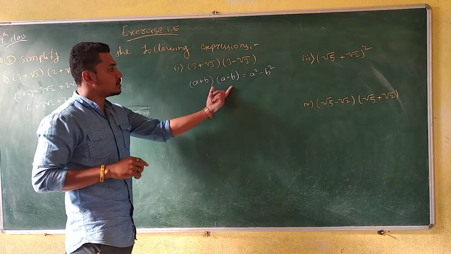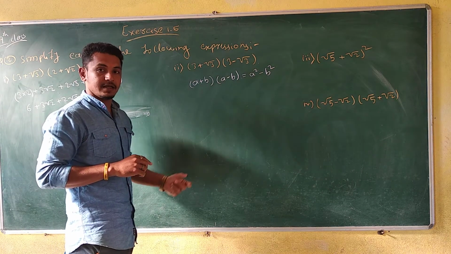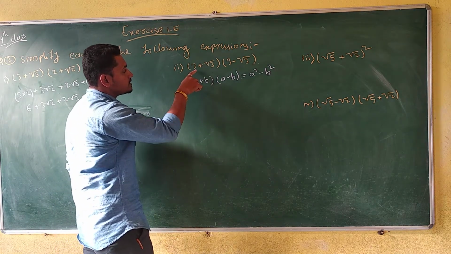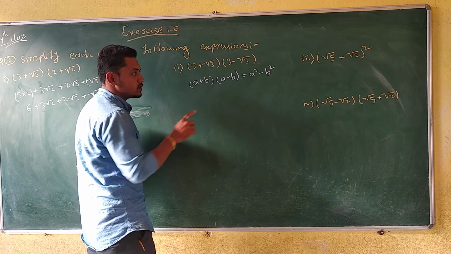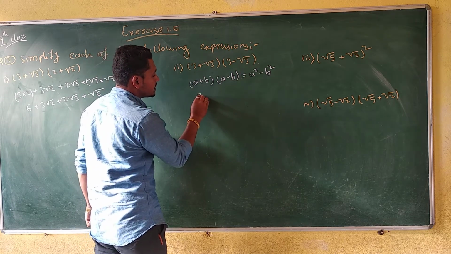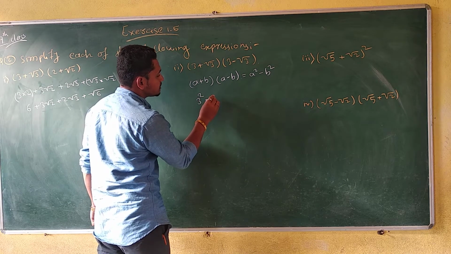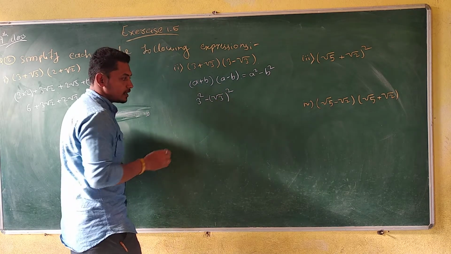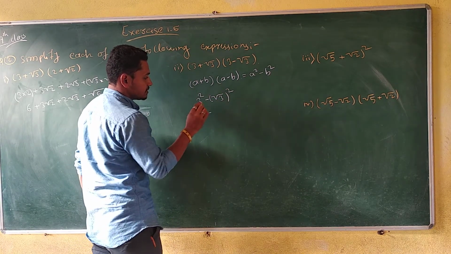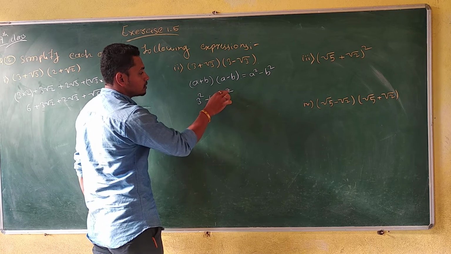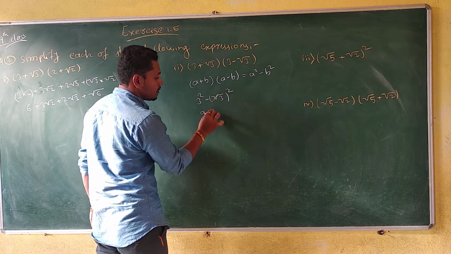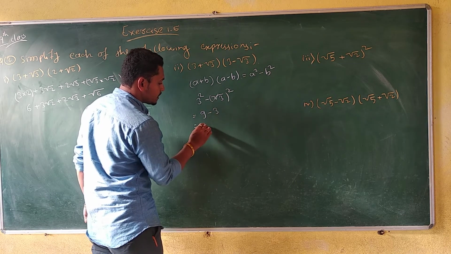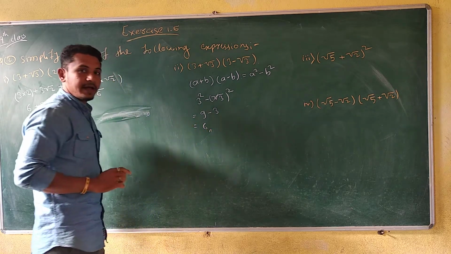Now the a value is 3 and the b value is root 3, which means 3 square minus the square root of 3 squared. So 3 into 3 is 9 minus, now square and square root get cancelled, the remaining term is 3, which means 9 minus 3, which is 6. This is your answer.